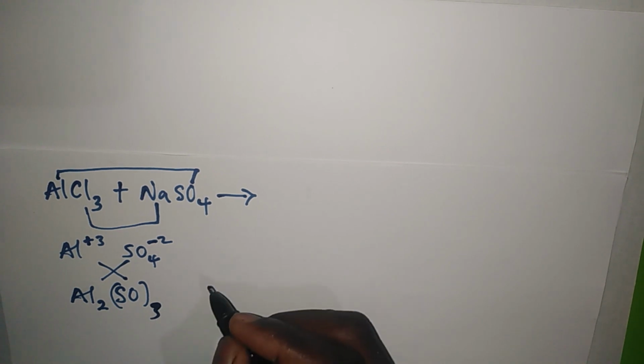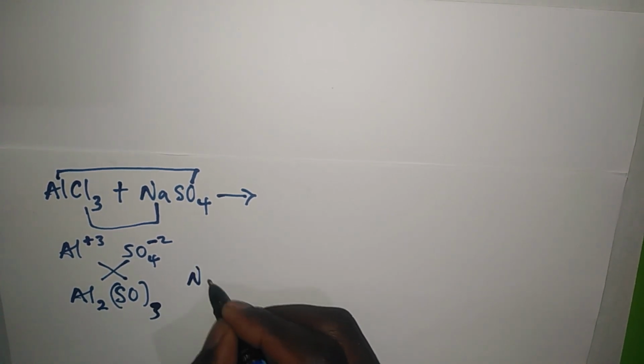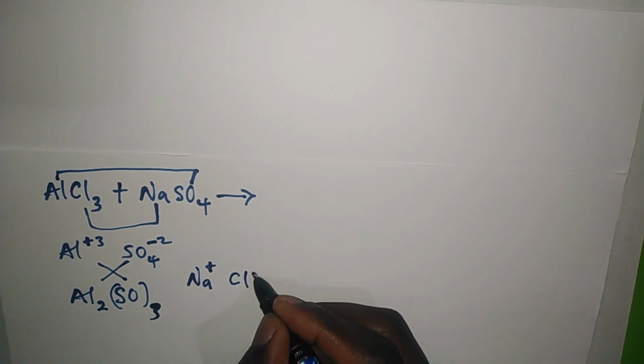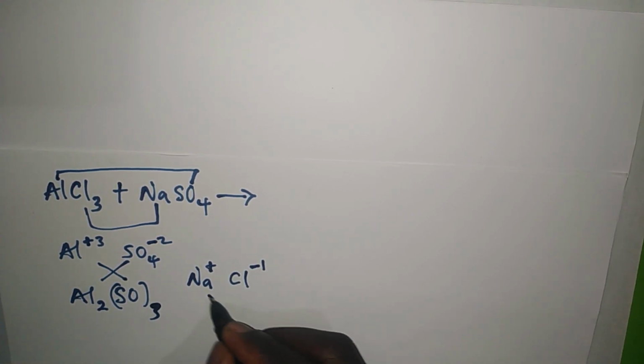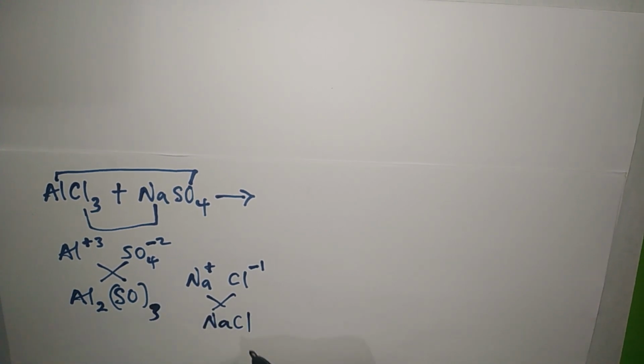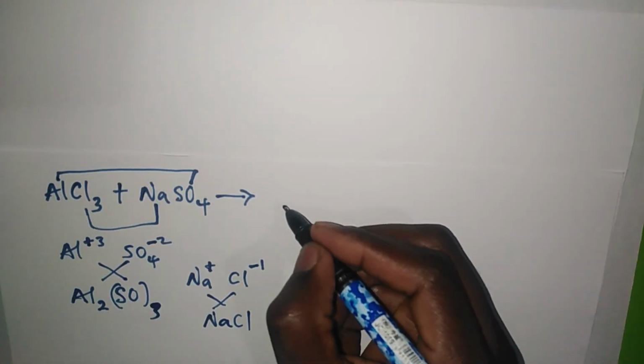Then for sodium, it is +1, and chlorine is -1. Therefore you still put it at a 1:1 ratio. Sodium chloride. So therefore these are the products.